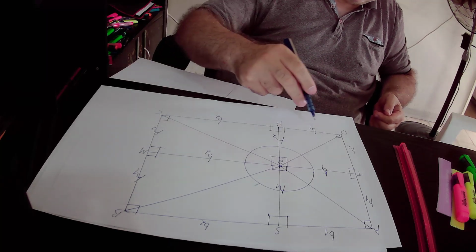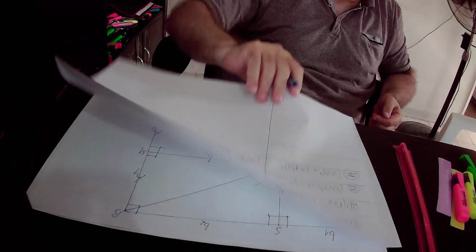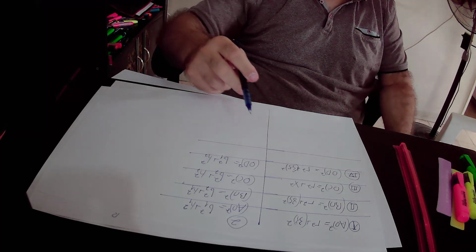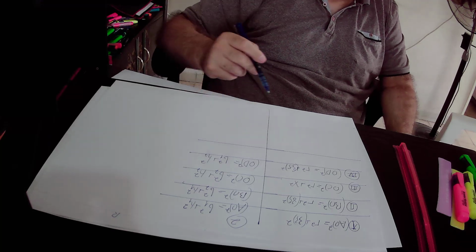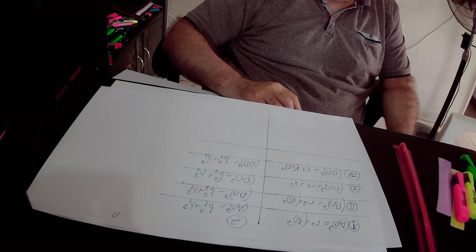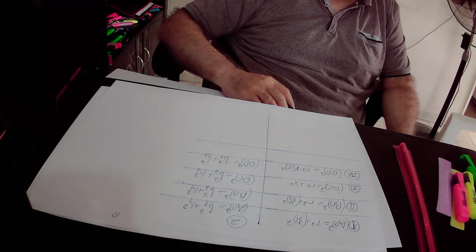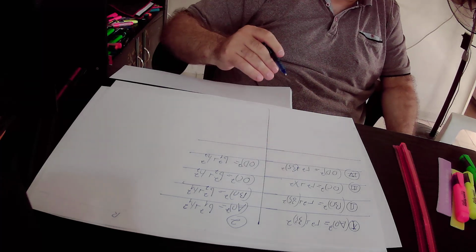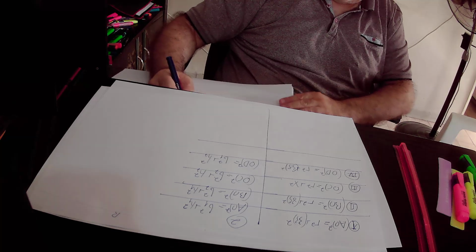Again, OD square equals B1 square plus H2 square. Okay, so we created another 4 equations for AO square, BO square, OC square, and OD square. In the next step, we'll create another 4 equations from those 8 equations.